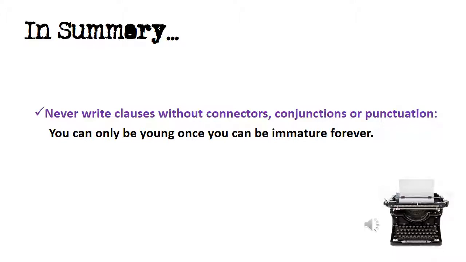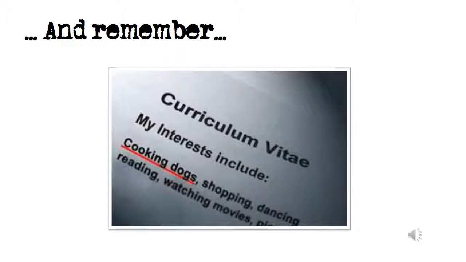You can only be young once, you can be immature forever. This example is incorrect. So, these were some of the basic rules for punctuation. By following them, your writing will achieve full coherence, and that will result in better communication. And remember, correct punctuation saves lives.